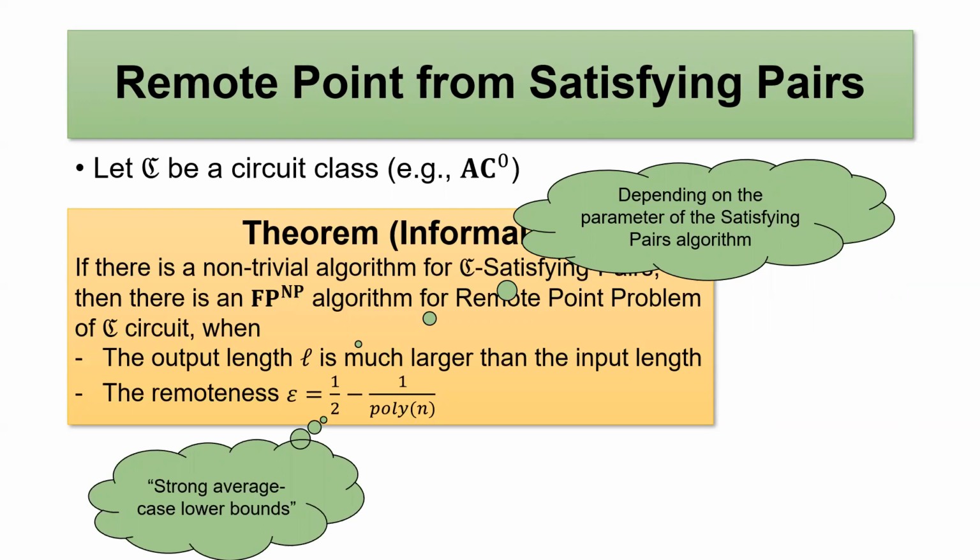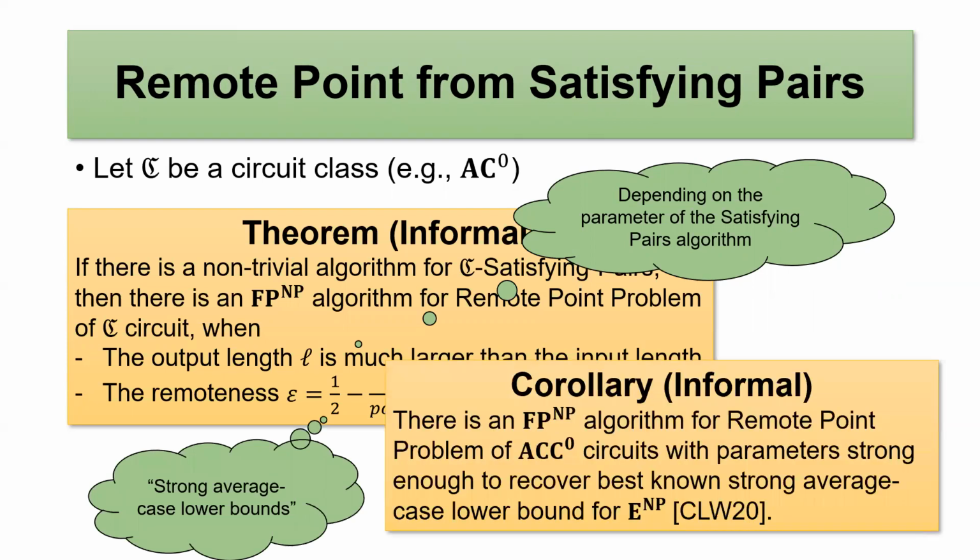And the remoteness we could obtain is 1/2 minus 1 over polynomial n, which corresponds to strong average case lower bounds. The direct corollary here is we have an FP^NP algorithm for the ACC0 remote point problem, with parameters sufficient to recover the best known strong average case lower bound for E^NP in COW20.